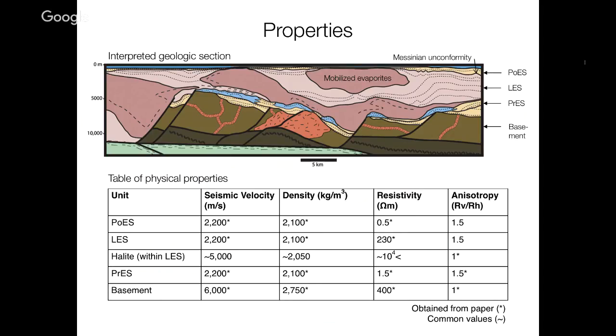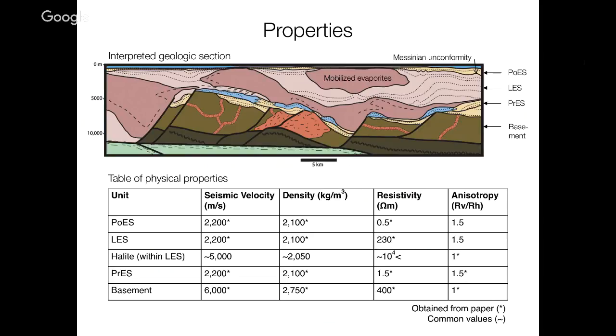And here are our properties. So I think here the important unit is this guy first, LES. It's a little bit confusing because LES kind of contains both halite and the clastics. And I think in general that's the evaporite, so it has greater resistivity than the others. So like sediment has a resistivity of 0.5 or 1.5.